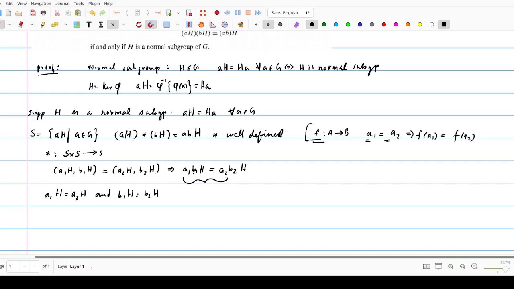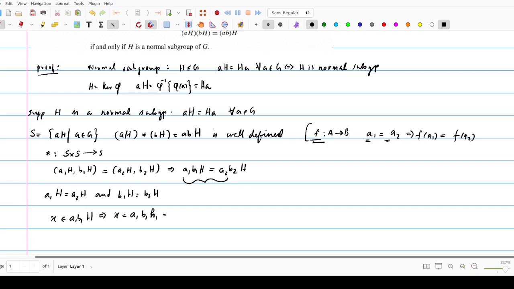So how will you prove this inclusion? We start with an arbitrary element from the left side, say x from a1b1H. We will prove that this x is an element of a2b2H as well. So we start with x belongs to a1b1H. So x takes the form a1b1h1, for some element h1 of H. Okay, so we need to prove that this is an element of a2b2H.